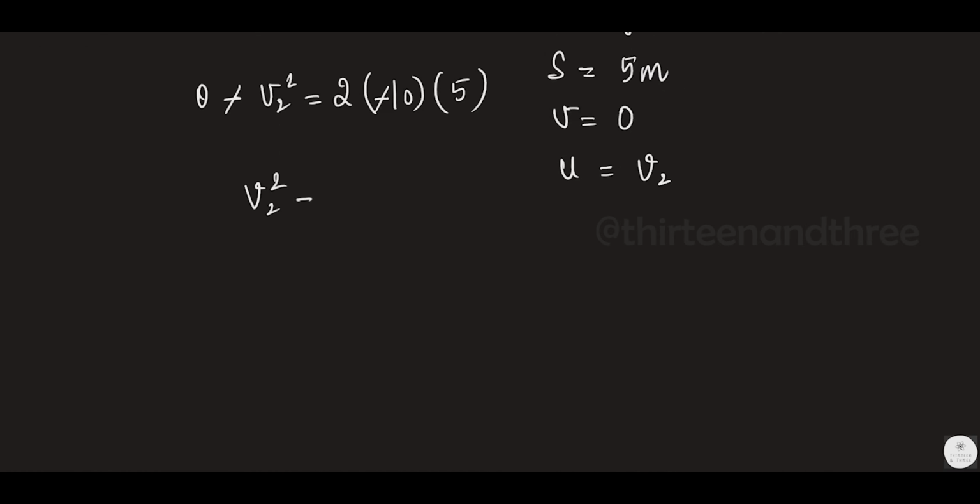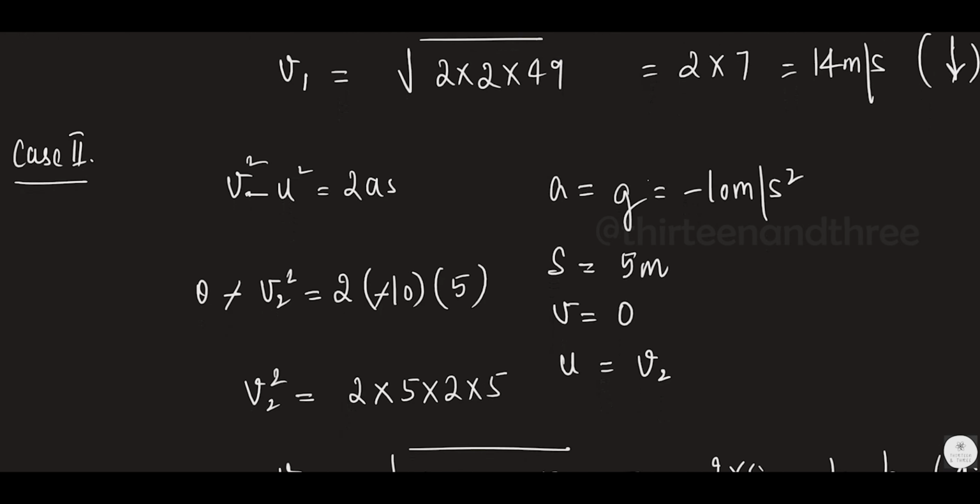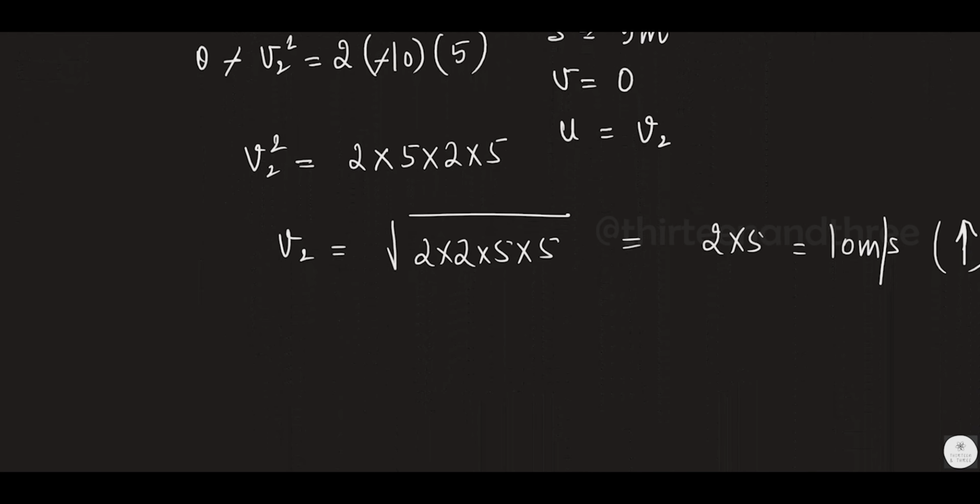So v2 square is equal to 2 into 5 into 2 into 5, so v2 is 2 into 5, that is 10 meter per second, and the direction is upward.